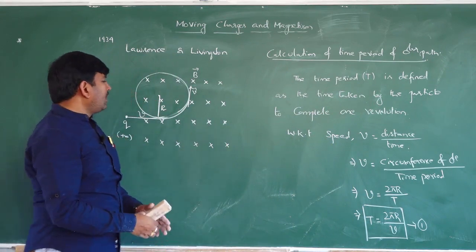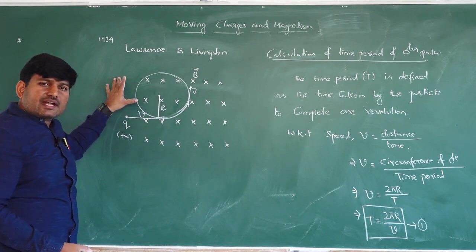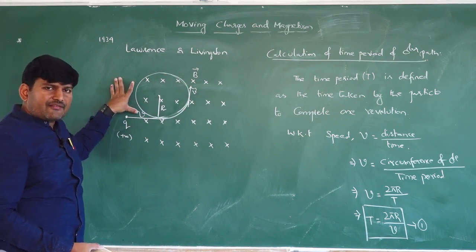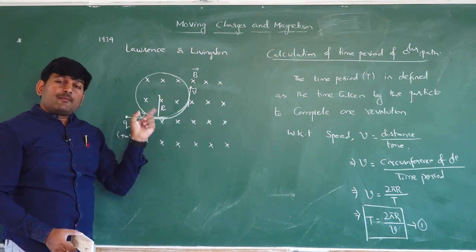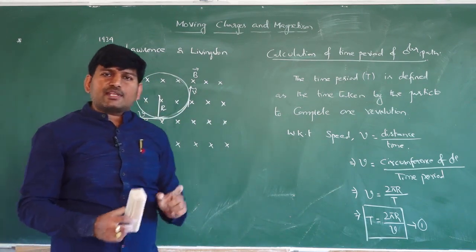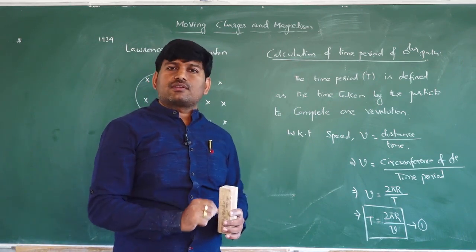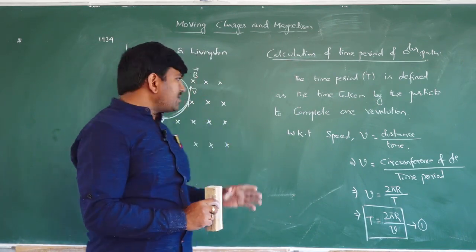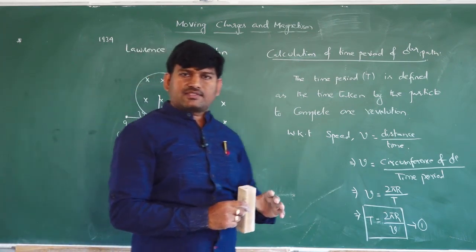Now, if you observe it carefully, it is moving in the circular path. Whenever a charged particle enters into the uniform magnetic field perpendicularly, it has to follow the circular path. But in first year we studied that when something moves in a circular path, it must experience a force called centripetal force. Who is providing that necessary centripetal force is the question.